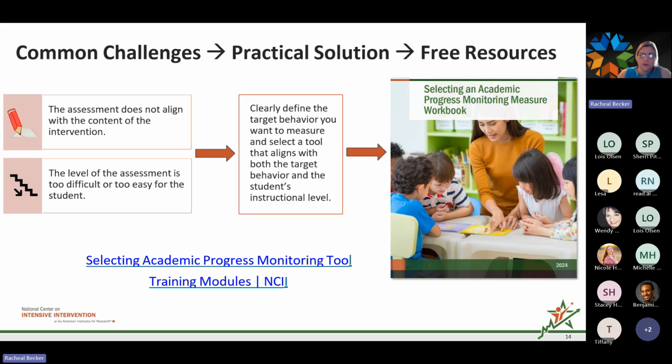In this resource, which you will have access to with this presentation, they outline different tools that you can use to target specific skills, and it helps you match the tool with the deficit as well as the skill that you are trying to target. It's a great tool and it helps walk you through that process.